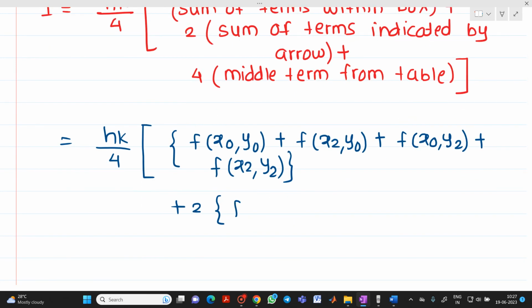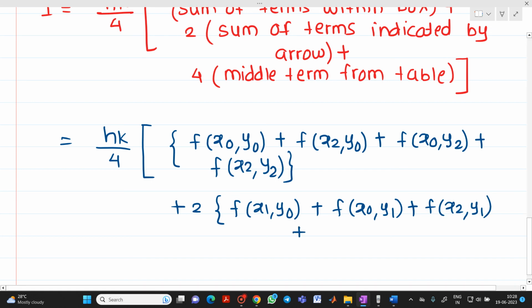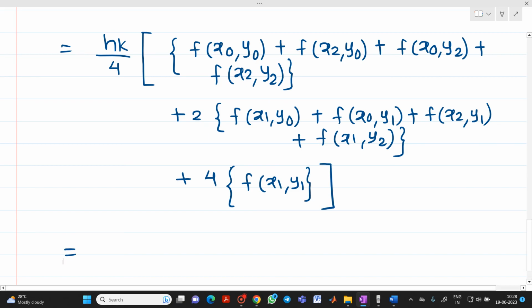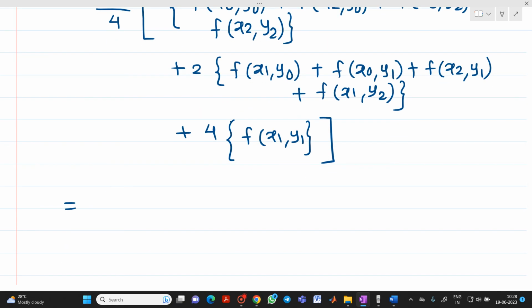So it will be f of x1 comma y0 plus f of x0 comma y1 plus f of x2 comma y1 plus f of x1 comma y2, and plus 4 into the middle term which is present in the table, which will be f of x1 comma y1. Now we know all these values, so we will substitute all these values from the table.